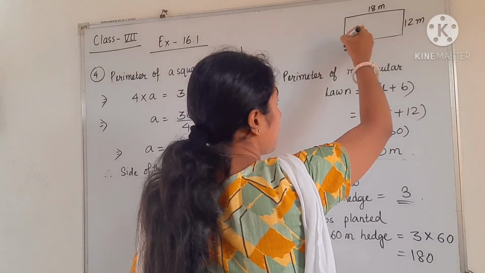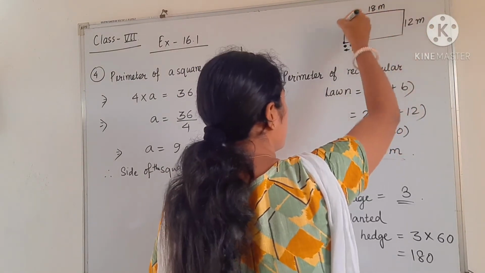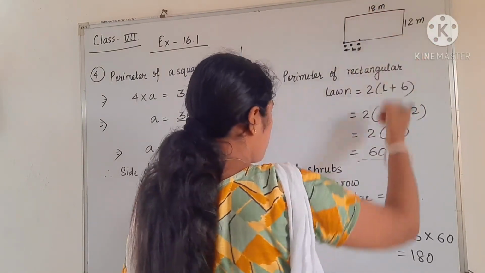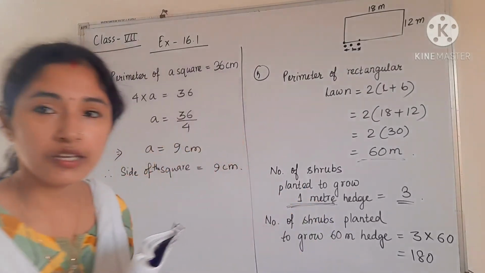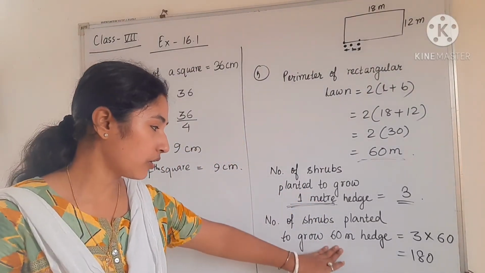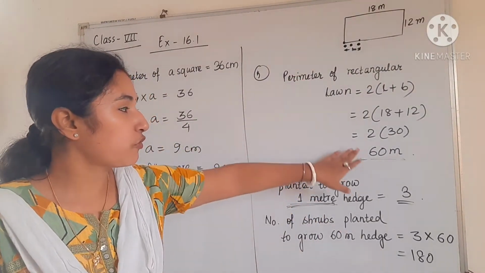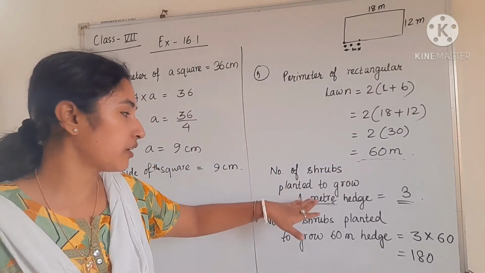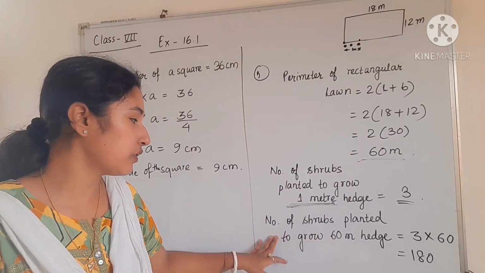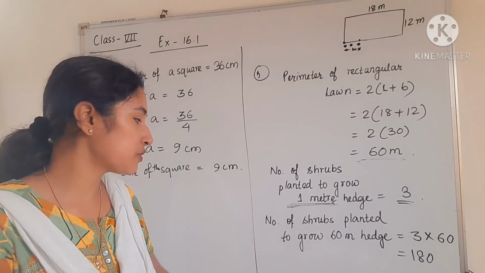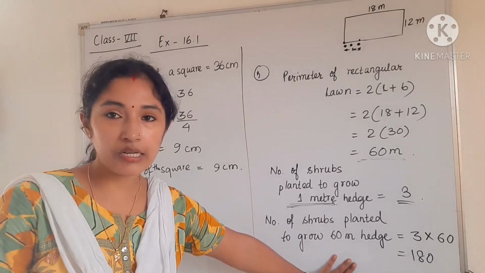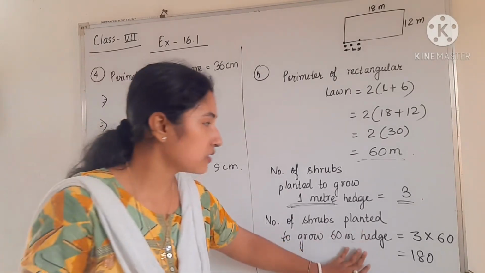So for planting in the whole boundary, how many shrubs will be needed? Okay. So first of all we have to find the perimeter. Then the number of shrubs planted to grow a 1 meter hedge is already given, 3. Therefore the number of shrubs planted to grow a 60 meter hedge. Okay, why 60 meter hedge?